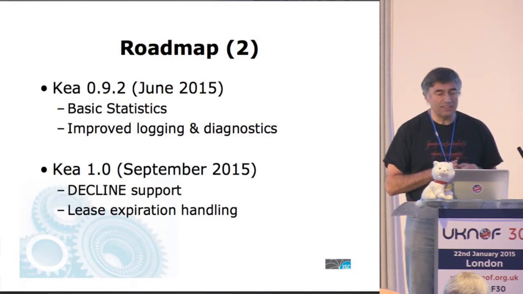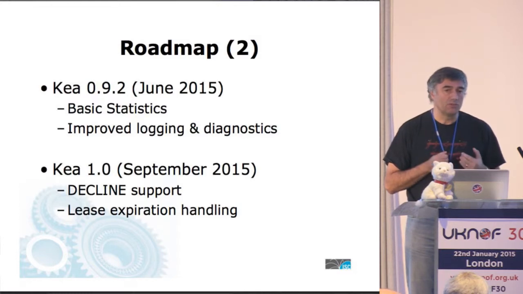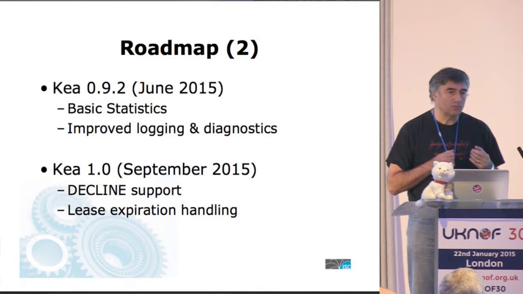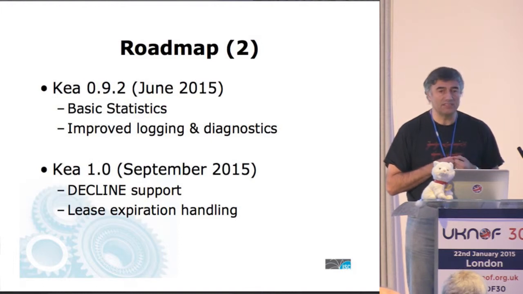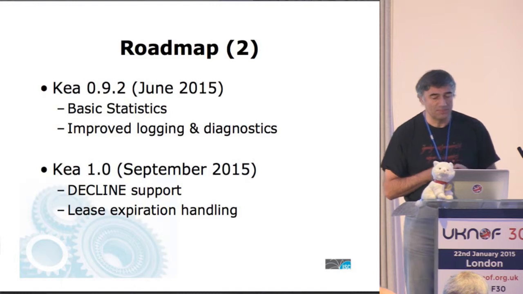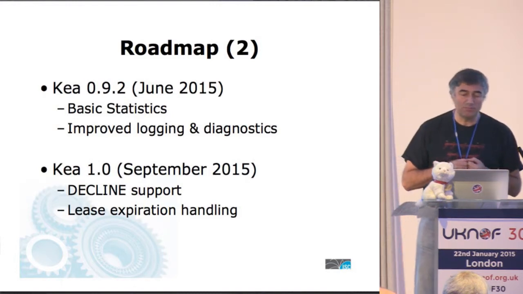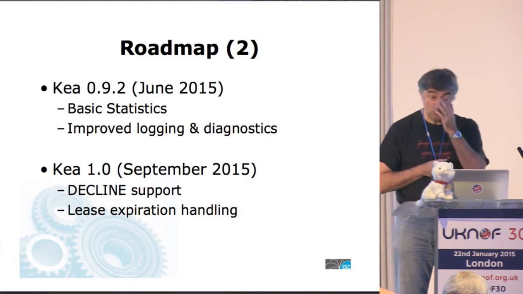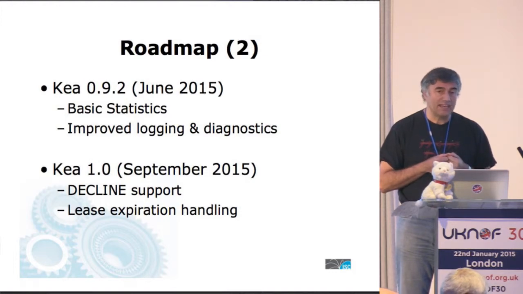In the future, in June we expect to release 0.9.2, where we're improving the logging and basic statistics to allow easier diagnosis of DHCP problems. And finally, 1.0 will add support for the decline packet and do lease expiration processing.